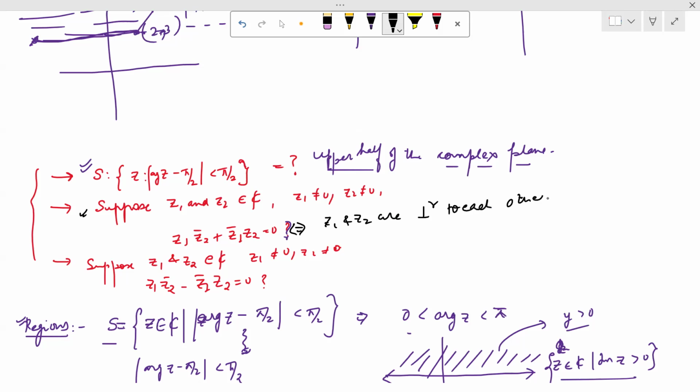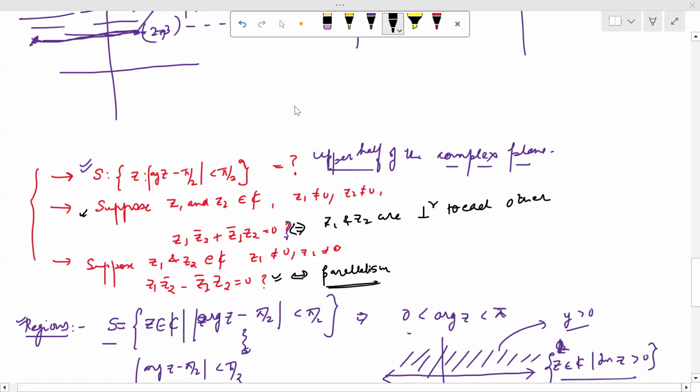And now the next condition, I'm going to solve it further. It is going to give you the condition for the parallelism.